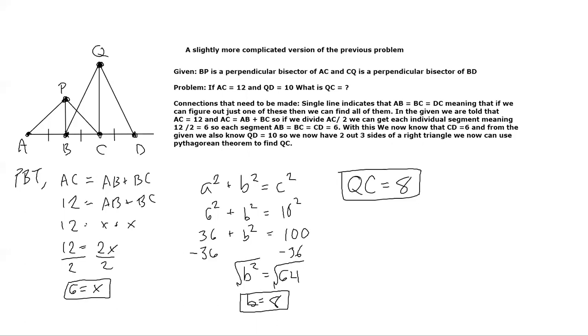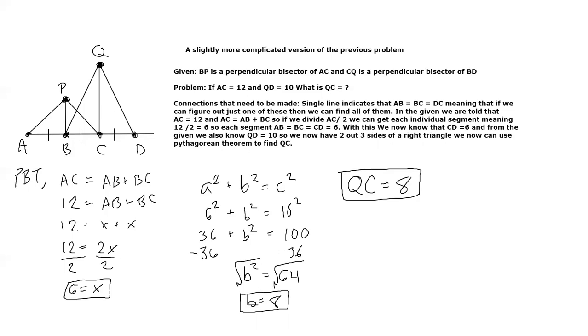For example, here, it says given that BP is a perpendicular bisector to AC and QC is a perpendicular bisector of BD. So if you notice, there's two perpendicular bisectors and there's two segments that we need to pay attention to because there's two triangles, right? All right, so what is the problem asking me?